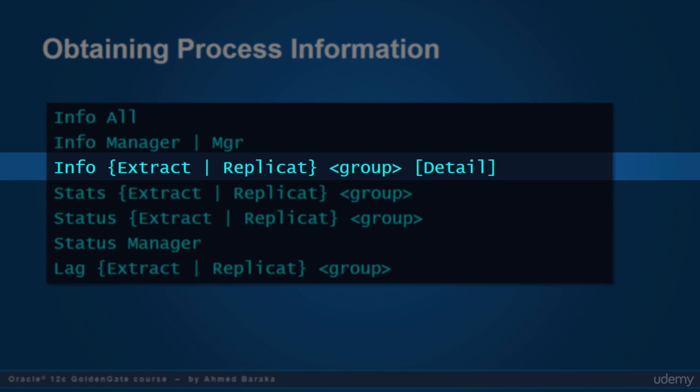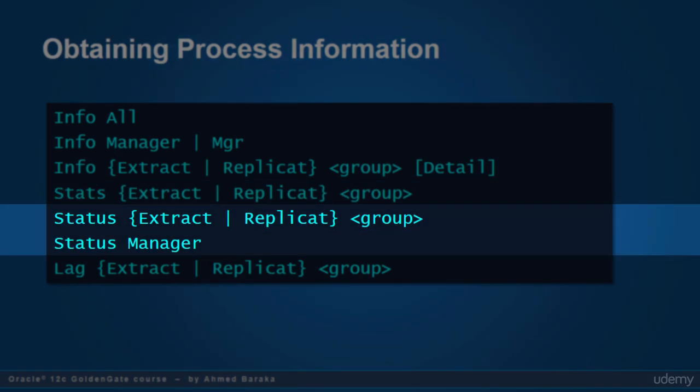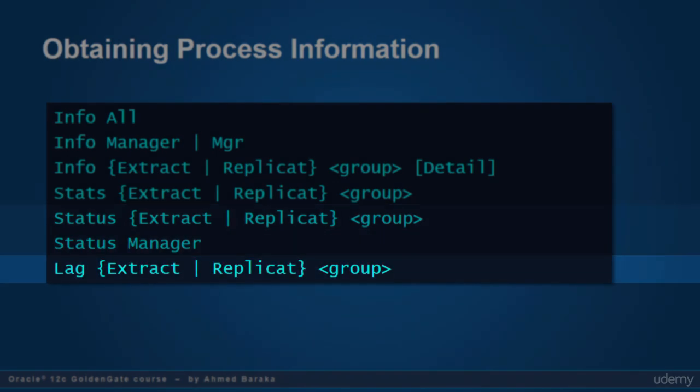If you use the DETAIL option, the output will provide further details about the information that it provides. STATS EXTRACT or REPLICAT provides statistics about the operations processed. STATUS EXTRACT, REPLICAT, or MANAGER reports the status of the given process.